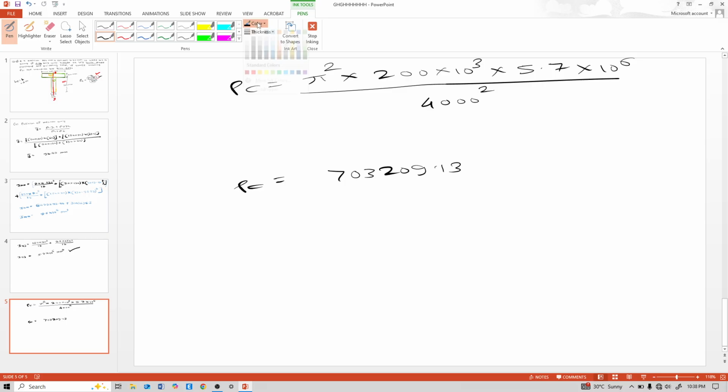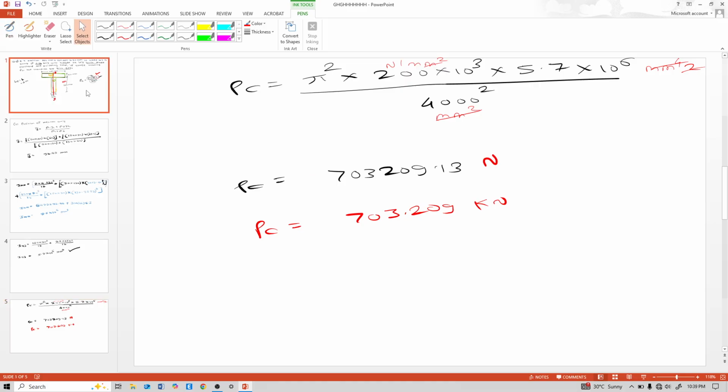Check the units. E is in Newton per mm squared, I is in mm raised to 4, and L squared is in mm squared. So mm squared gets cancelled, and the other mm squared also gets cancelled. So the unit is Newton. So this is 703.209 kilonewton. This is the crippling load, that means the buckling load for that T section is 703.209 kilonewton.